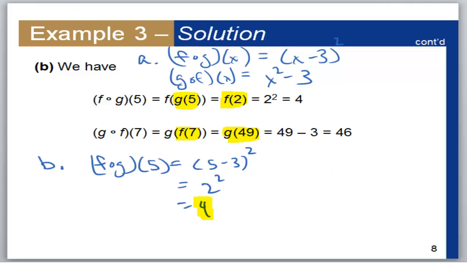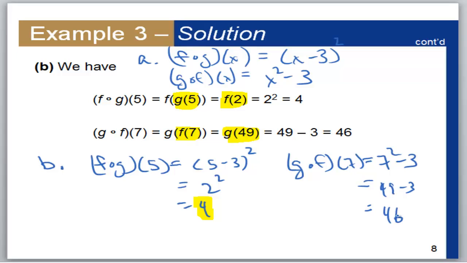And then similarly, g of f of 7, if you just do it in a single step, it would have been 7 squared minus 3, which is 49 minus 3, which is going to be 46. So again, I got the same result as they got, but I did it in just one step, right? 46 here and 4 there, right?